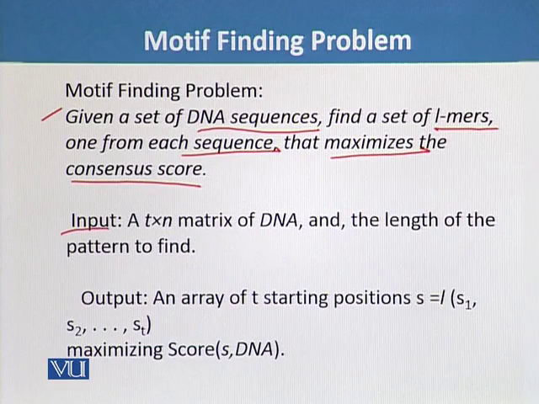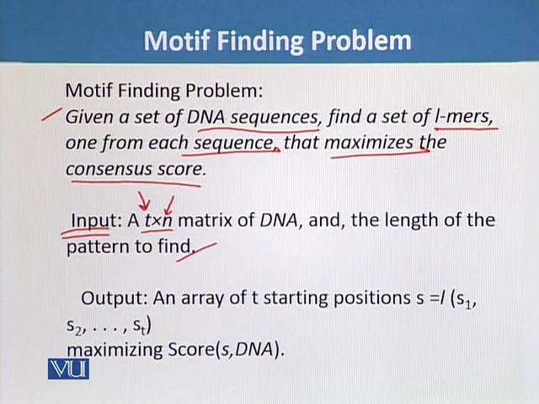So for the algorithm, we have to input some values, and it will be T times N. T is the number of DNA sequences and N is the length of that specific sequence: the matrix of DNA and the length of the pattern to find.